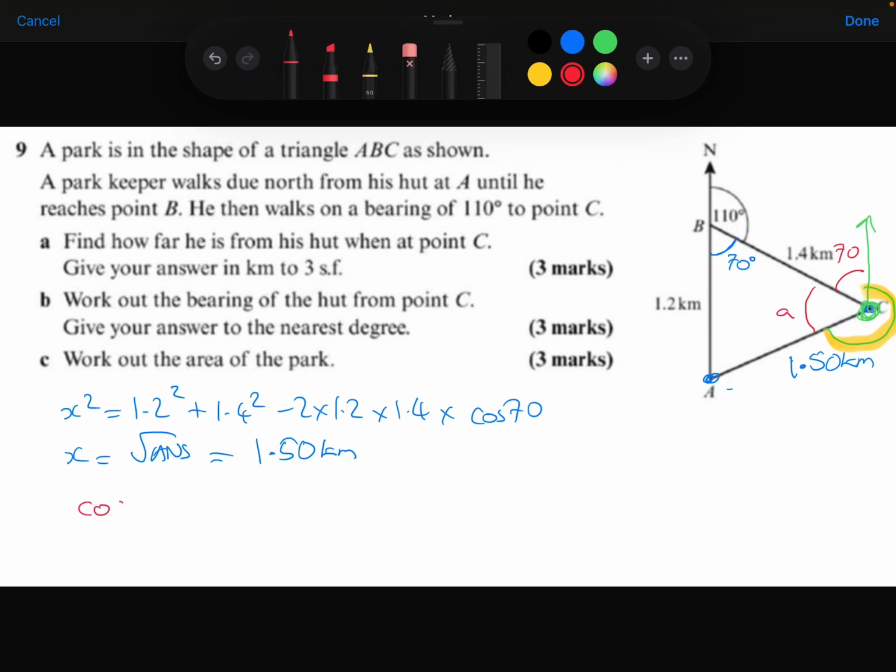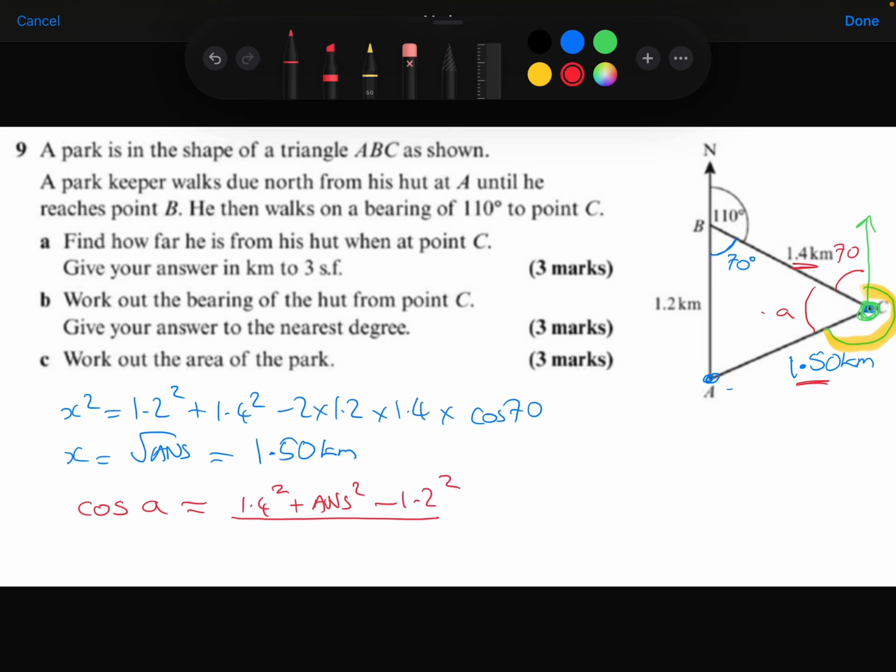And to work out angle A, I'm going to use the cos angle rule. So cos A equals b squared plus c squared, so in this case my b is 1.4, my c is my answer from previously, the 1.5, minus the 1.2.